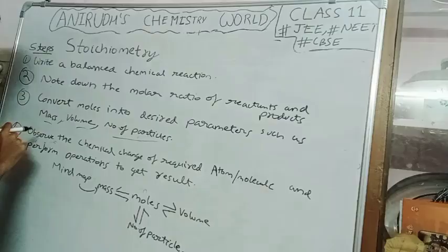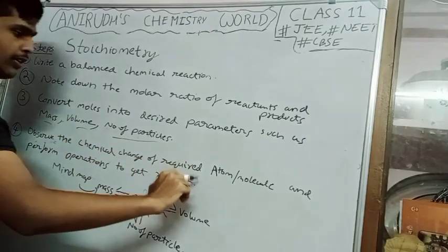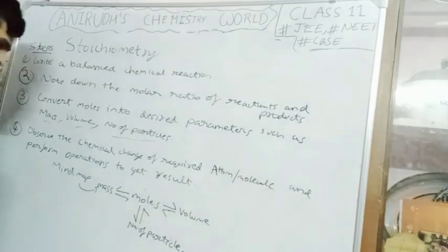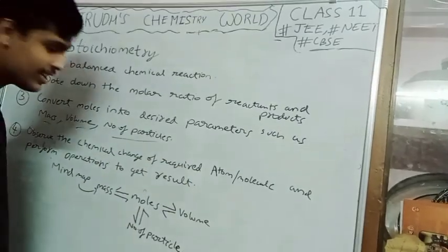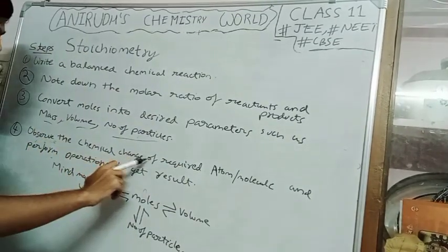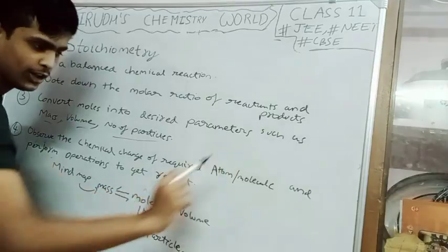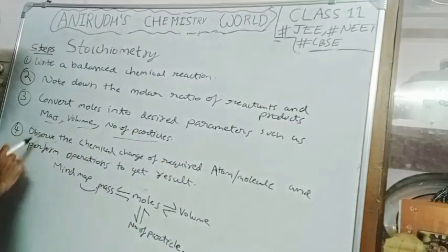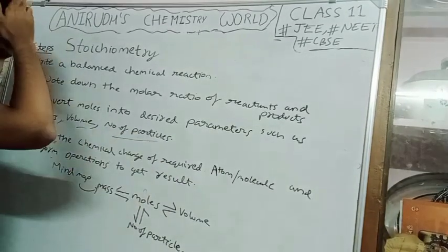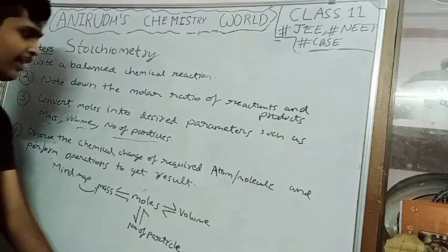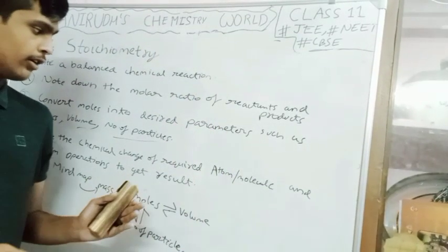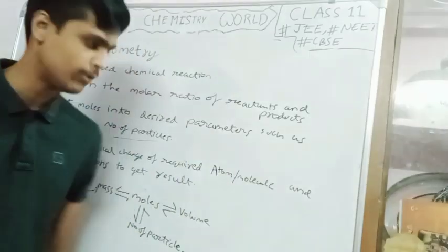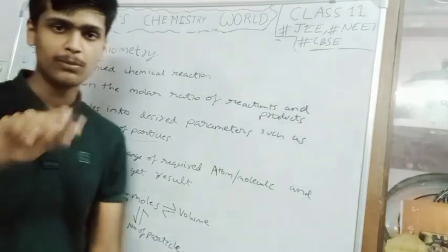And the fourth point is observe the chemical change of required atom or molecule and perform operations to get the result. What does it mean? You need to observe the change which is happening for the given atom or molecule, and you need to perform some operations.